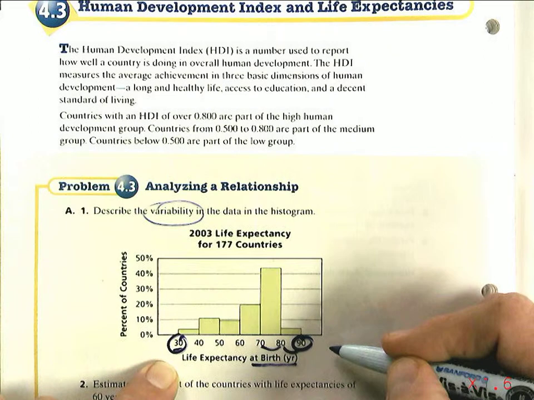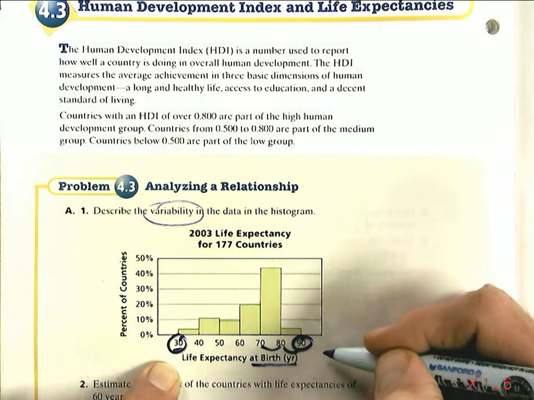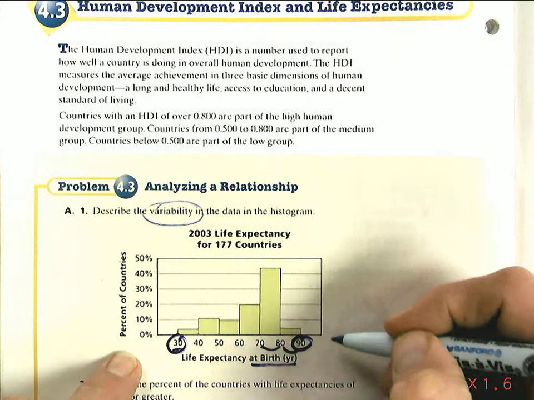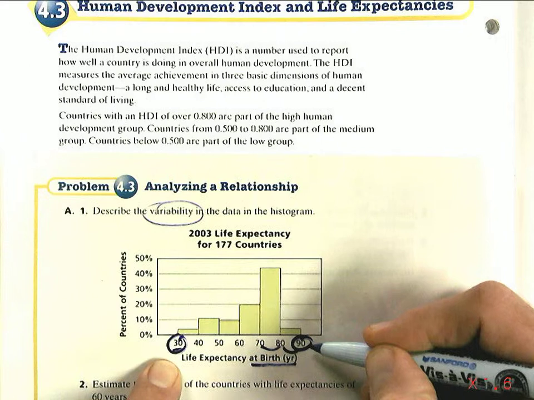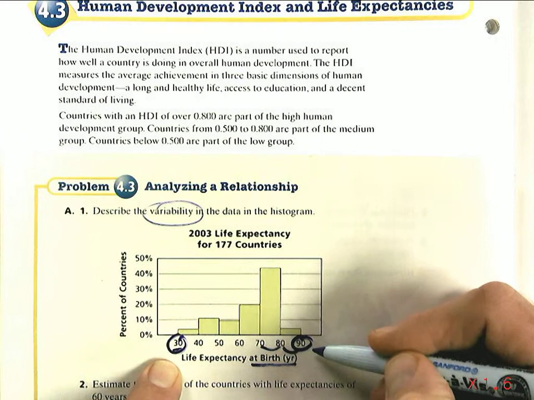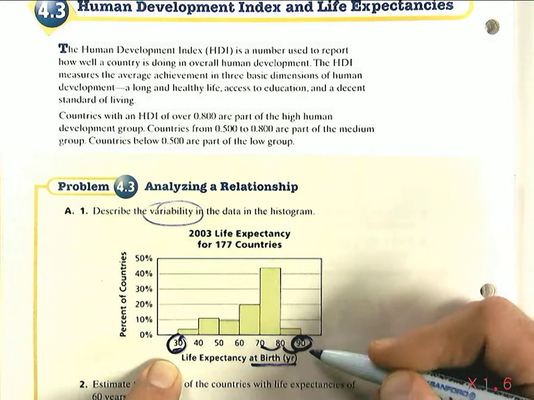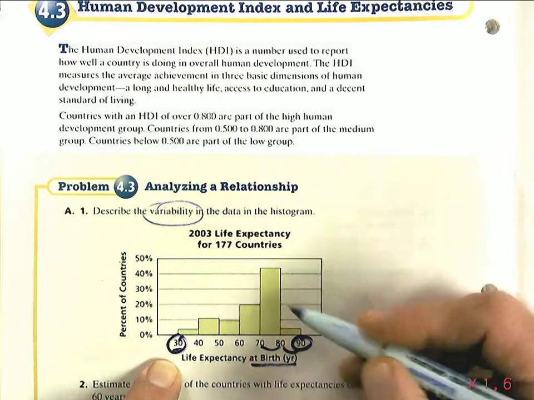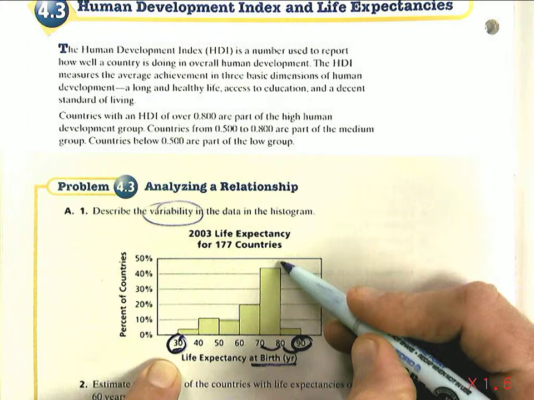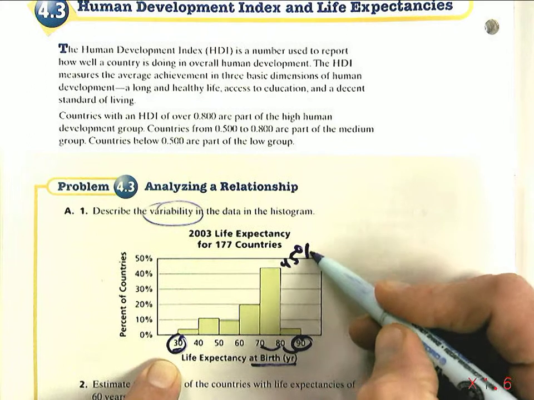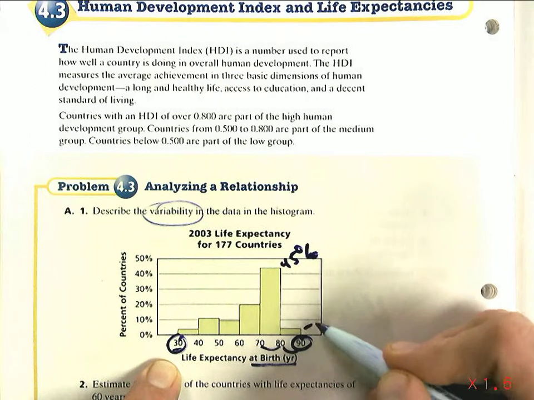There are a lot of different names for the independent variable, dependent variable. In this case, we're just looking at a specific number, so 30 to 90 years is the variability in this direction. But then it also varies between about 5% of the countries and 45% with this one here. So you have 45% all the way down to the lowest, which is about 5%.